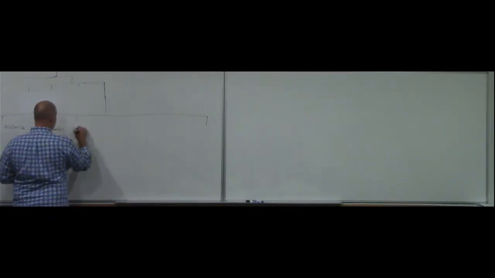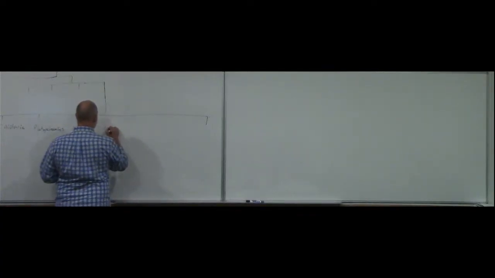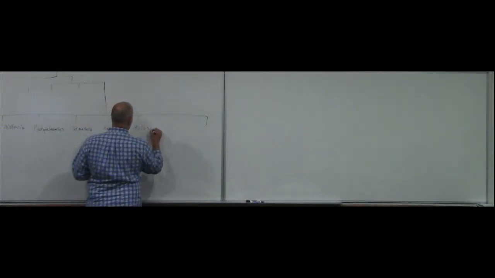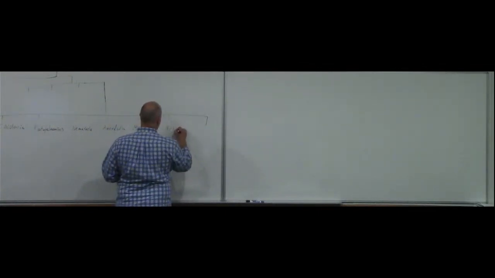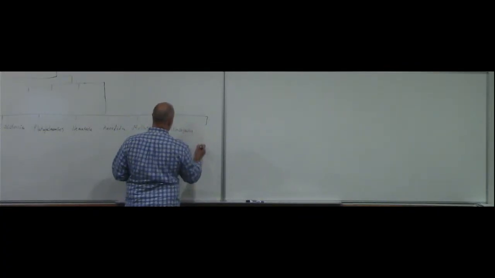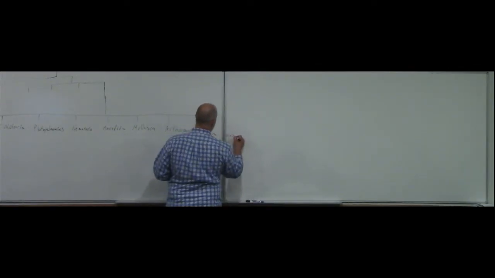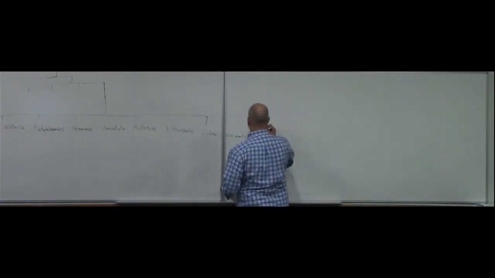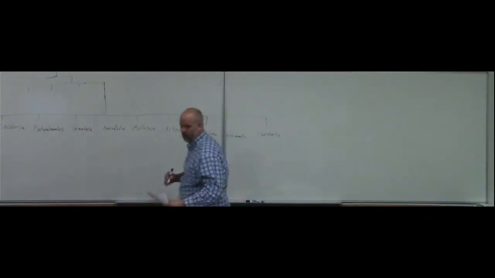You've got Nematoda, and then you have Annelida, and Mollusca, and we have Arthropoda, and then we have Echinodermata. And you might want to draw this, at least this bottom part, okay? Echinodermata. And then over here we have Chordata.